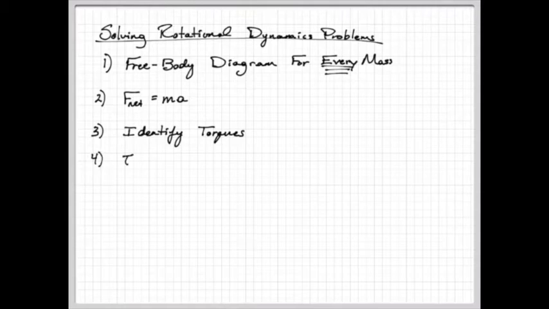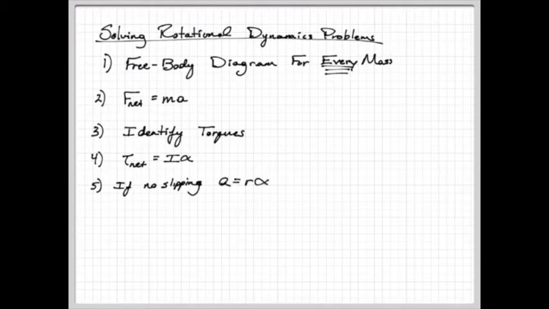Then you're going to use those torques to set up your net torque equation, which is Newton's second law in rotation. Net torque is moment of inertia times angular acceleration. Next, remember that if there's no slipping, which is typically the case, and every once in a while they'll throw this in there too, just to check if you understand, but if there is no slipping, then the linear acceleration is equal to the radius times the angular acceleration.